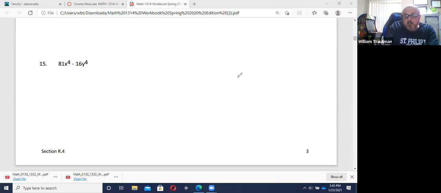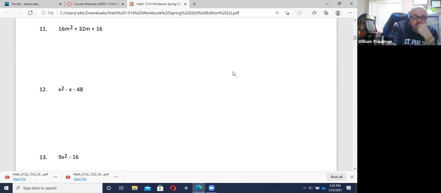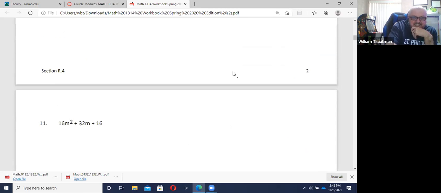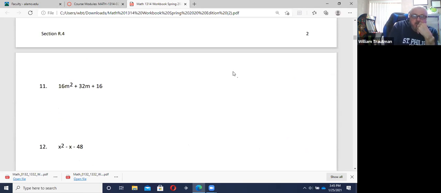Factoring 3 terms. Let's go find the 3 term that I want to do. And number 12 is the first one. Wait, I don't want to do number 12 yet. I'm going to do number 11. So this is factoring 3 terms.